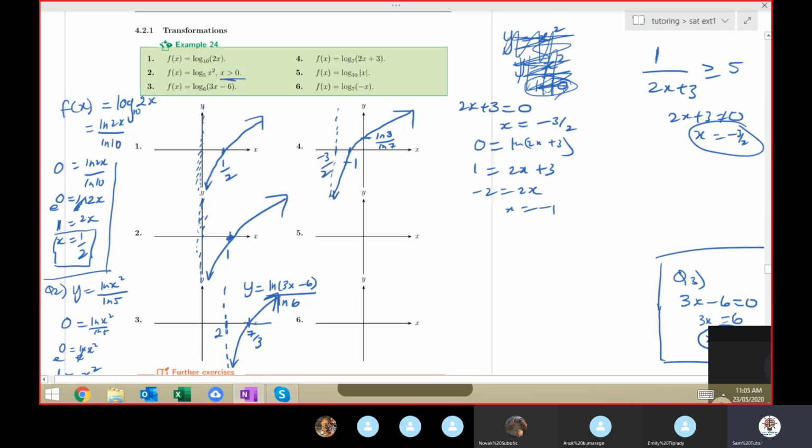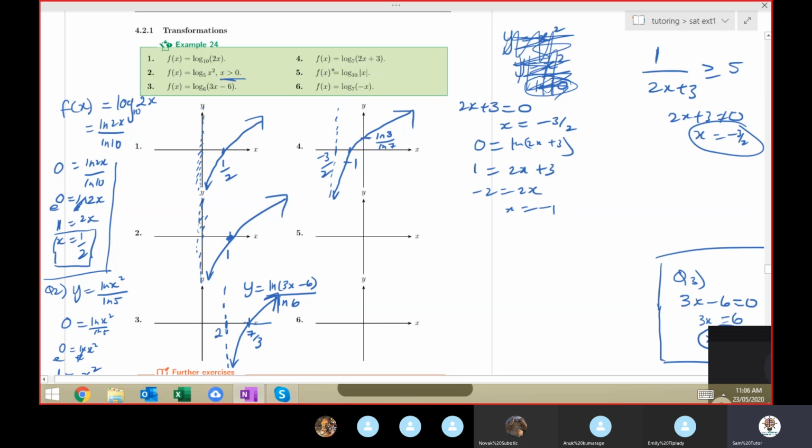But we know that because we graphed it and we realize, oh, it cuts through the y-intercept. All good? All right, brilliant.